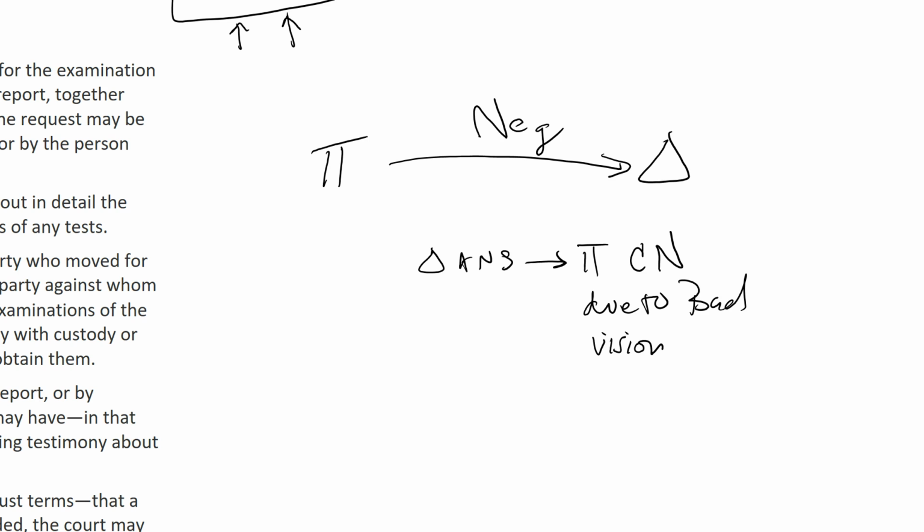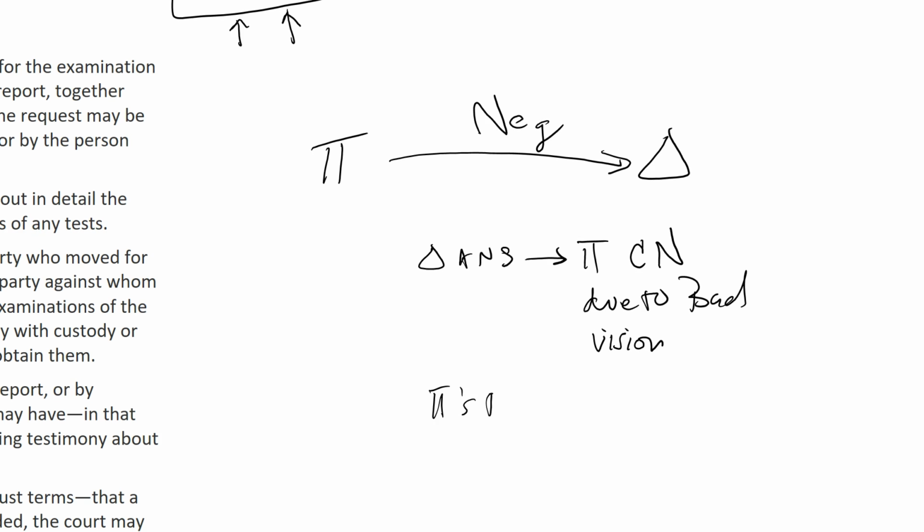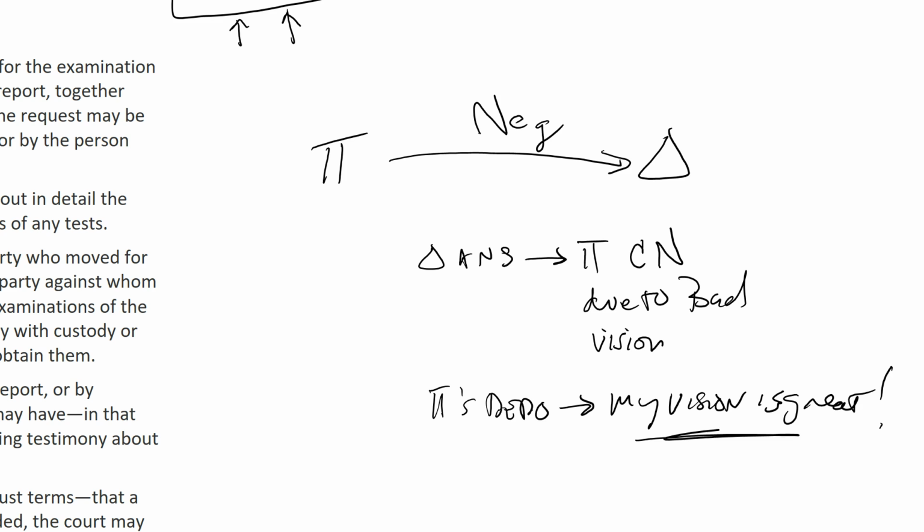Okay, and then the plaintiff, during discovery, say in P's deposition, says, my vision is great. So we have now the plaintiff under oath saying my vision is great, whereas the defendant in the defendant's answer is saying that the plaintiff has bad vision.